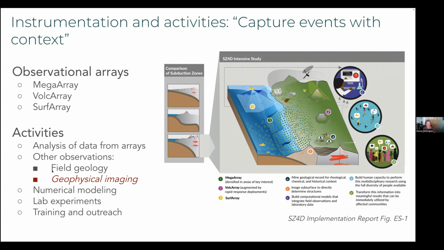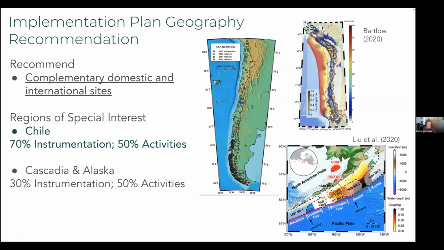And so, of course, what we are discussing here falls under that category. And then also experimental and numerical modeling studies to synthesize and bring together these observational components, and training and outreach to engage a larger community in this work and empower them to work on all these data. So that's the strategy that's described in the implementation plan.